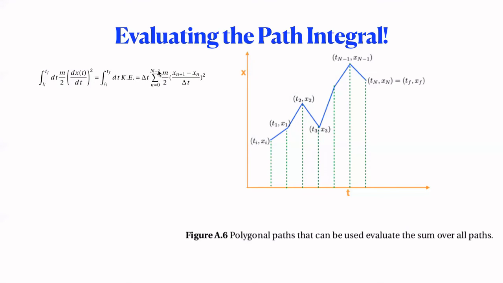Then sum over all the intervals, and you get the integral of kinetic energy. This, of course, is an approximation. Then similarly, you can write an expression for the integral of potential energy from the initial time to the final time. It can be approximated by this discrete sum, and if you agree with that, then the action would be approximated by this expression.